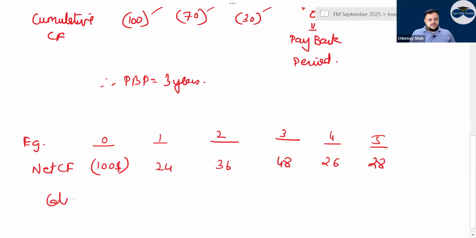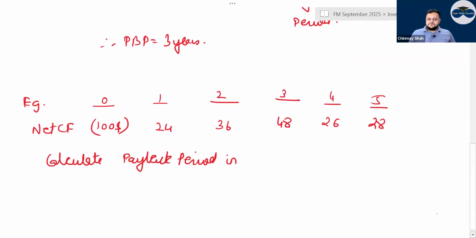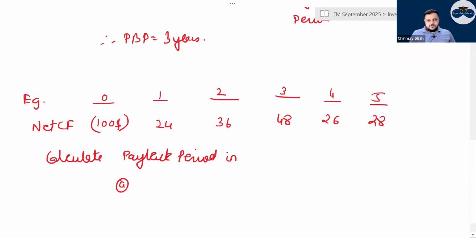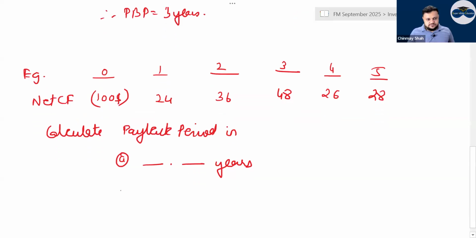Calculate payback period in (a) points, years, meaning the answer is 3.1, 3.2, 3.4, whatever it is, and (b) years and months.